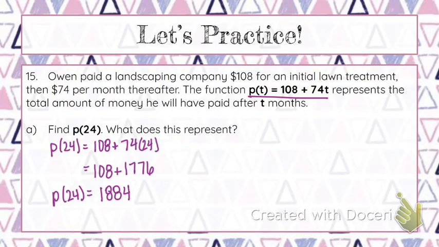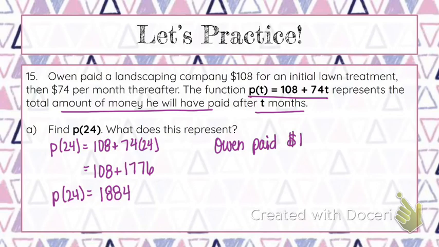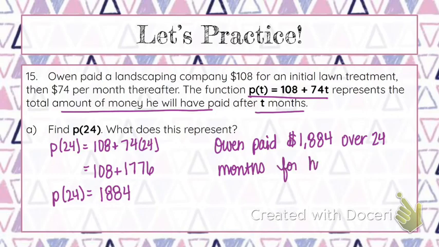But we need to know what this represents. So if we decided that the function is the total amount of money paid after T months, this means that Owen paid $1,884 over 24 months for his lawn care.